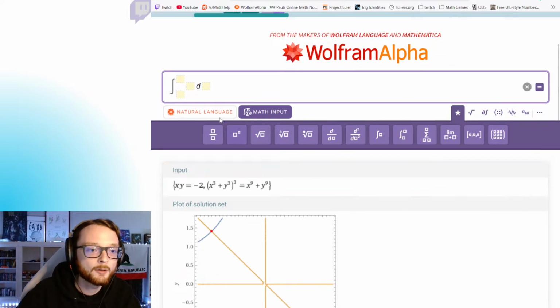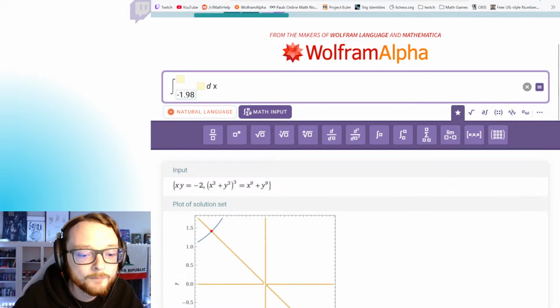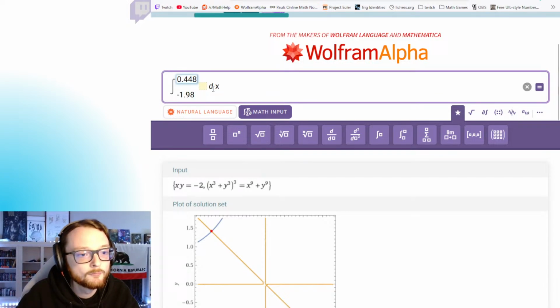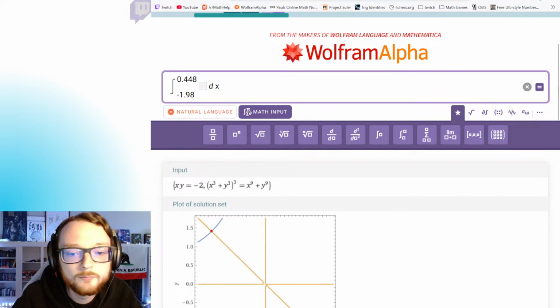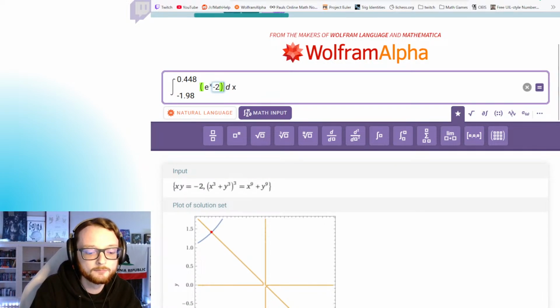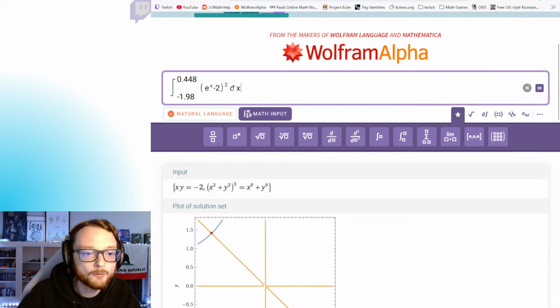Minus 1.98. 0.448. E to the x minus 2 squared, minus root x plus 2 minus 2.